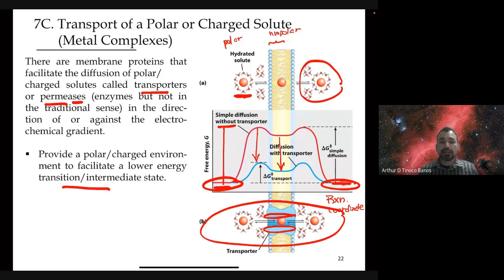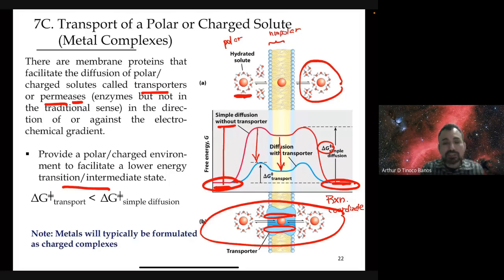Bringing down the activation energy facilitates the kinetics, so this movement is going to be much faster. When we're looking at this, the delta G of the transport is going to be much less than the delta G of the simple diffusion. This will be applicable when you think about metals as charged complexes or charged species.